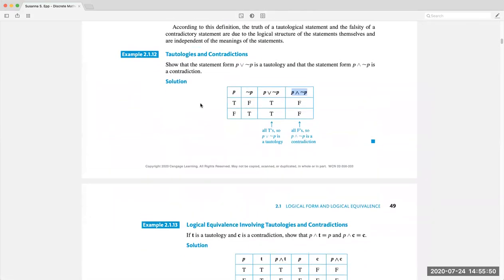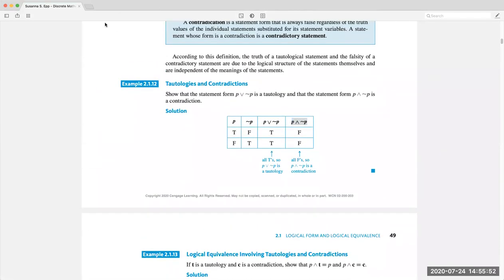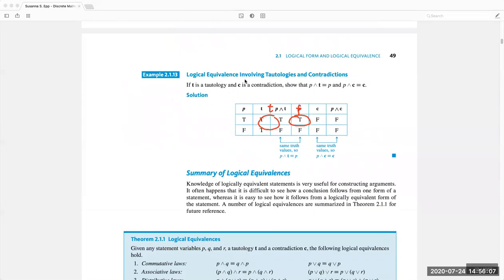So what does it mean? If you see this kind of statement, then you can replace it by a small t or a small f, representing that it is always true or always false.